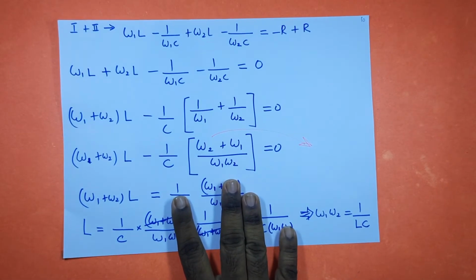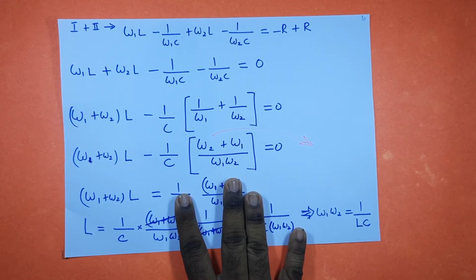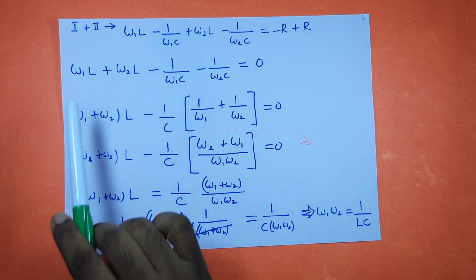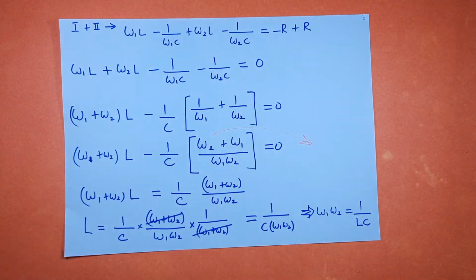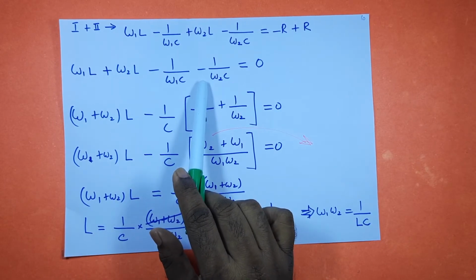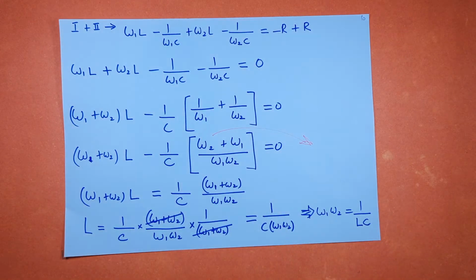So now you add these two equations. Right? You add these two equations. 1 plus 2 gives omega 1 L minus 1 by omega 1 C plus omega 2 L minus 1 by omega 2 C equal to minus R plus R. So omega 1 L plus omega 2 L minus 1 by omega 1 C minus 1 by omega 2 C. So minus R plus R will become 0.